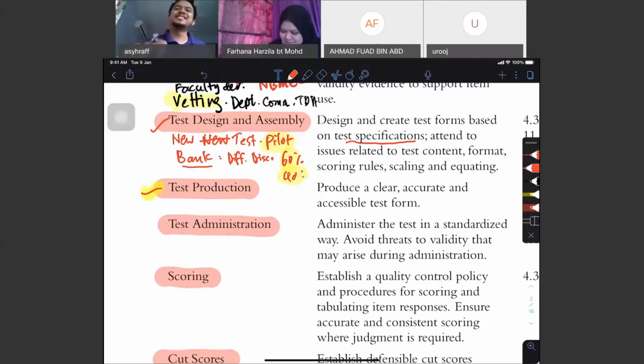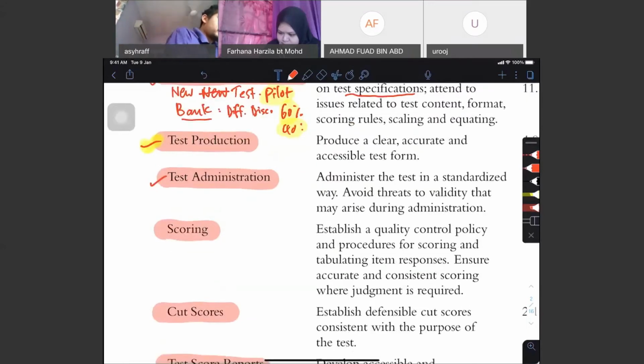And then test administration, the actual day. We must make sure it's still the same thing. Quality procedures to make sure that all are administered in a standard way and ensuring that the environment is okay during the assessment.